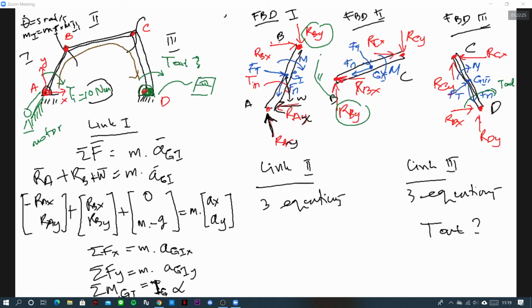I would say it's a lot simpler because the reaction force for the slider is only one. For a pin joint like this, you will have two reaction forces in X and Y, but for the slider, it has only a vertical reaction force.